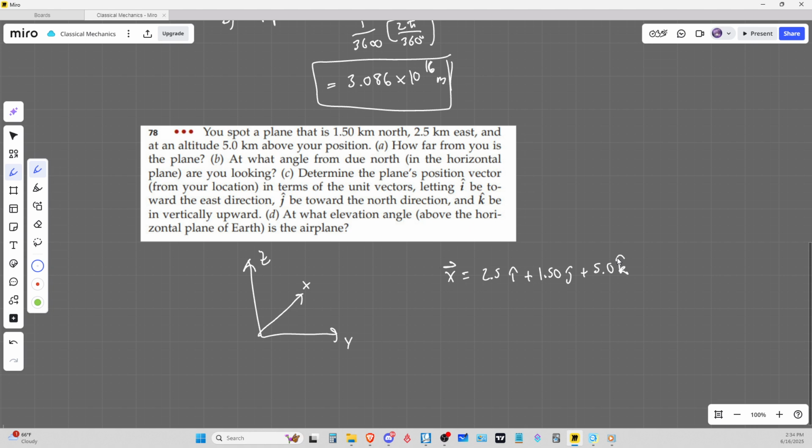Let i be towards the east direction, j towards the north, and k vertically upward. What elevation angle above the horizontal plane of the Earth is the plane? Okay, so we got a lot of questions in this one. No wonder it's number 3. I mean, it has 3 dots. 3 dots is usually the most challenging.